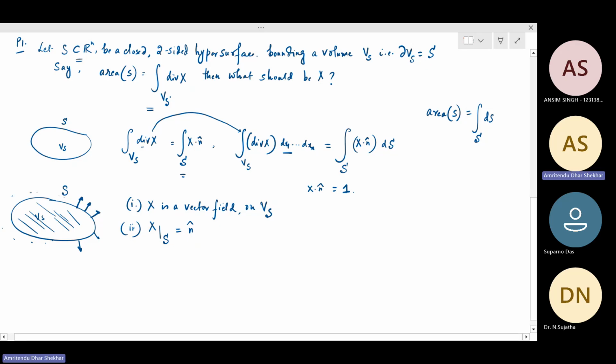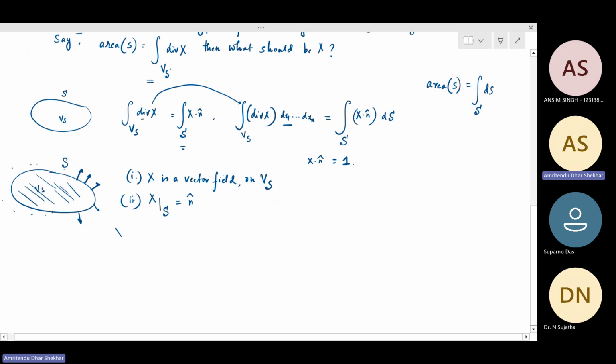In order that I can express the area of the surface as a divergence of X, I need to be able to extend X. So let me just write it over here. X has to be extended to Vs. Okay.